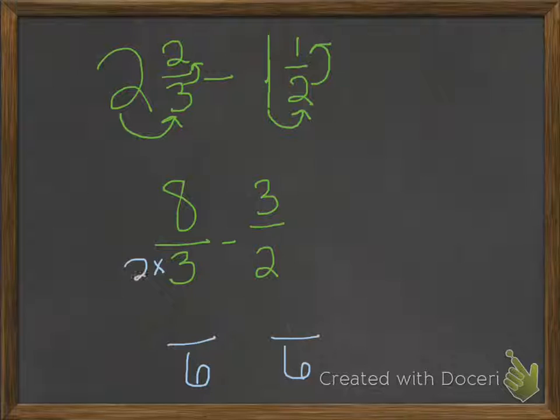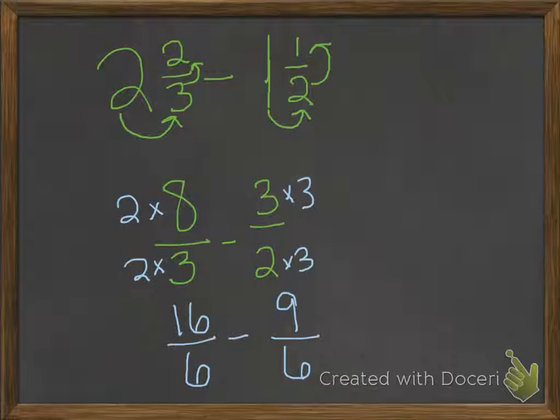3 times 2 will give me 6 in my denominator. Whatever I do on the denominator side, I must do to the numerator. 8 times 2 is 16. And I know that 2 times 3 will give me a denominator of 6. Repeating the denominator action to the numerator, 3 times 3 will give me 9.